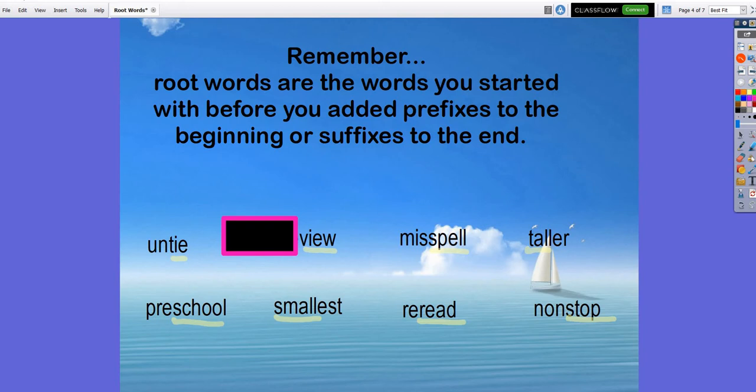That was the word we started with, and we added the prefix pre. Same thing for taller. If I take off the er, I still have tall, because tall is the root word. It's the word we started with, and I added the suffix er to make a new word. So you'll know if it's the root word because it will be a real word. And if it's not, it's probably not the root word.